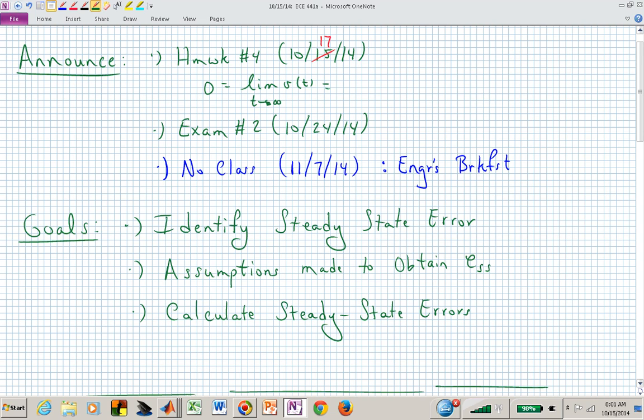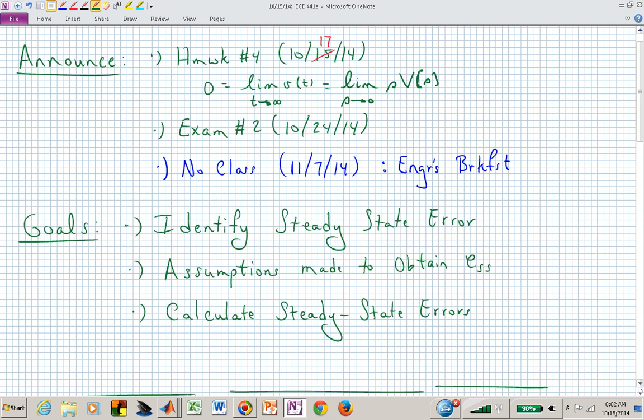Meaning you're really looking at this limit as s goes to 0 of s V of s, where V of s is your velocity that's made up of two terms: one piece due to the constant input 30 over s, and the other is this unknown delta d over s that you are trying to solve for. That's homework problem number 1 on homework assignment number 4.